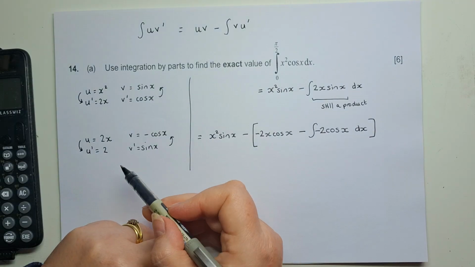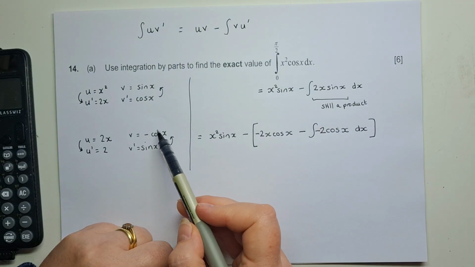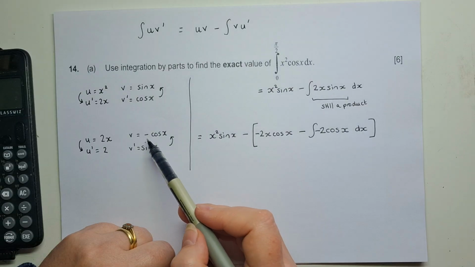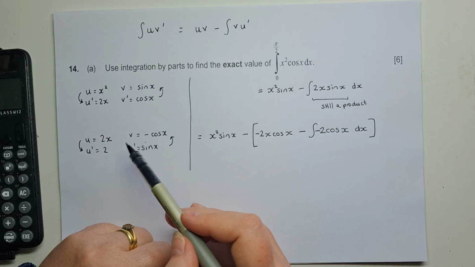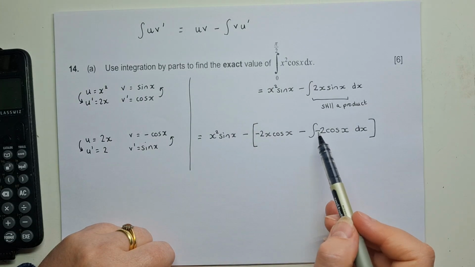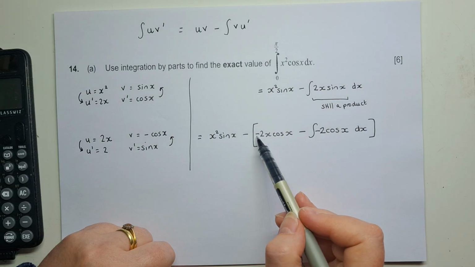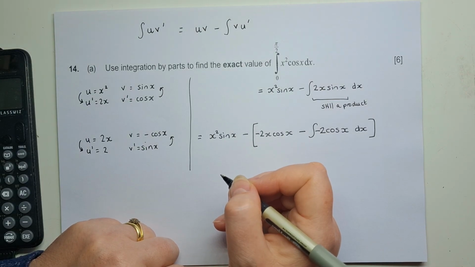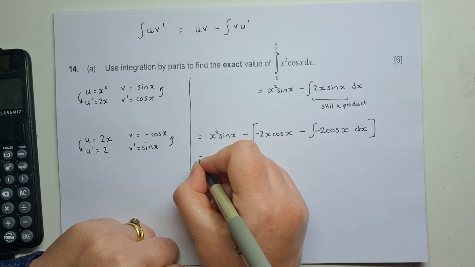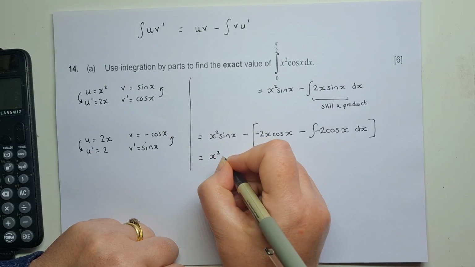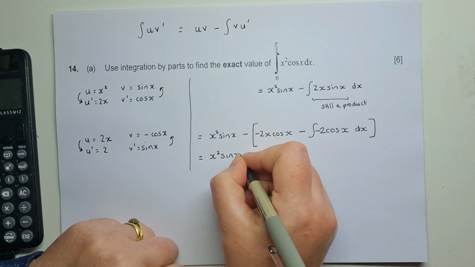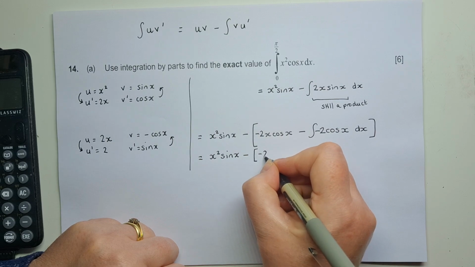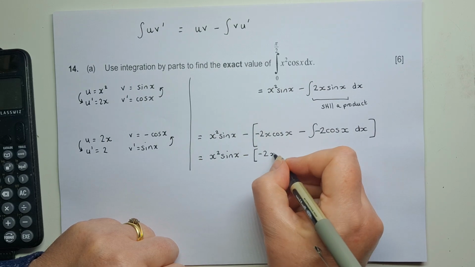Okay, so anytime you're timesing by a negative, when we times 2x by negative cos x, or we times 2 by negative cos x, just throw that minus sign right to the front straight away. We've got lots of minuses going around, and we've got an integration to do. So I'm going to keep the big bracket for now and just deal with this bit here.